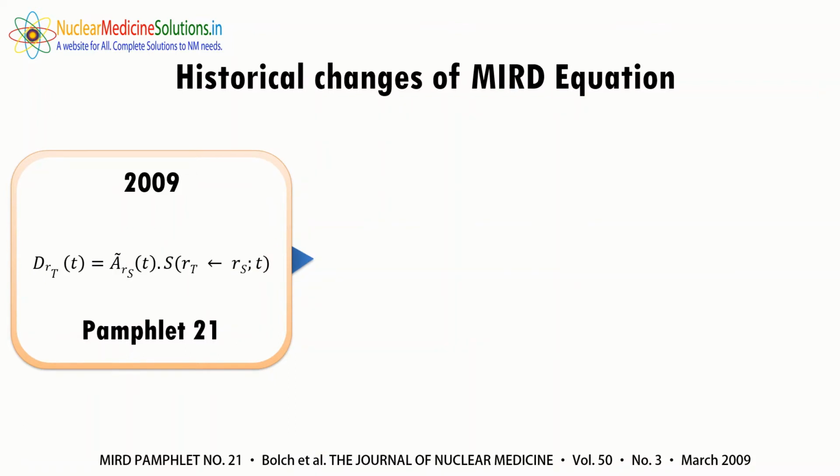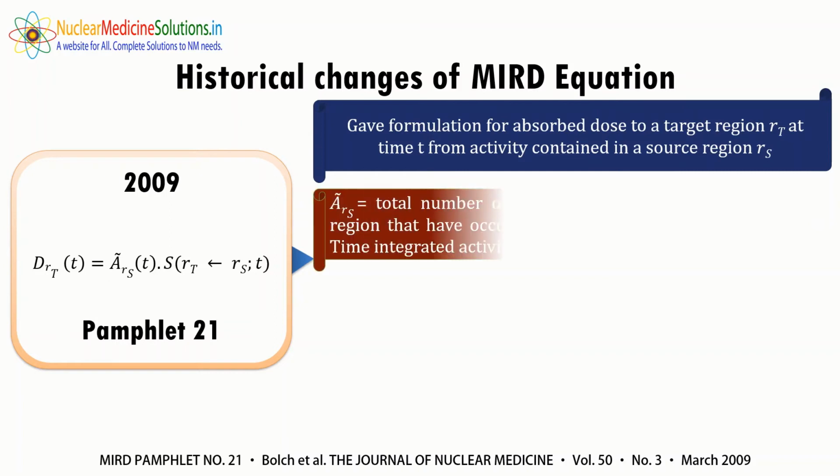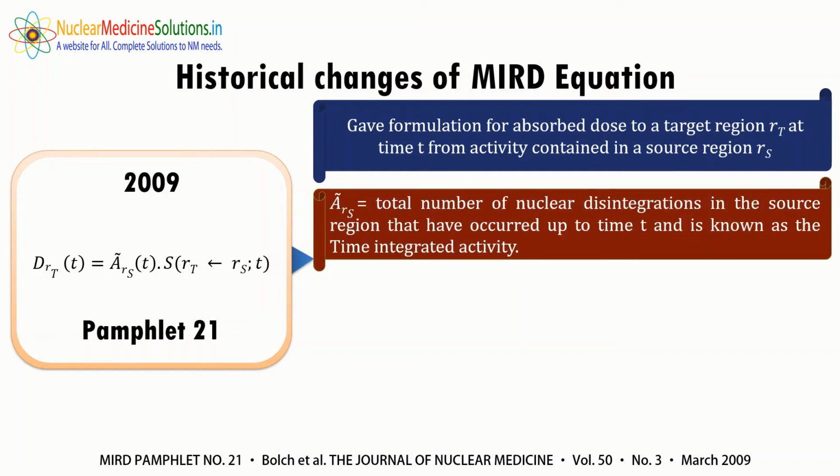And the formula was D(rT, T) = Ã(rS, T) × S(rT ← rS, T). This gave the formulation for absorbed dose to a target region rT at time T from activity contained in a source region rS. Ã(rS) is the total number of nuclear disintegrations in the source region that have occurred up to time T and is known as the time-integrated activity.